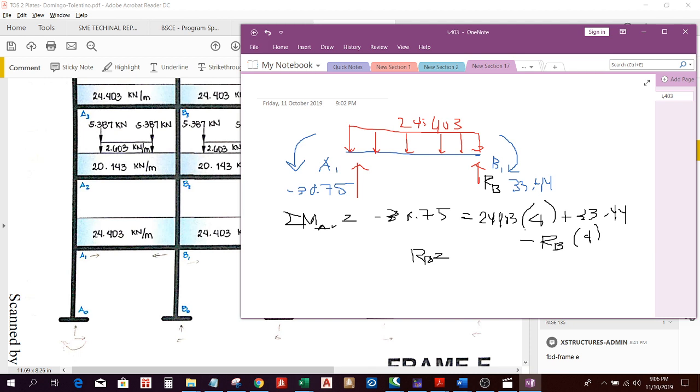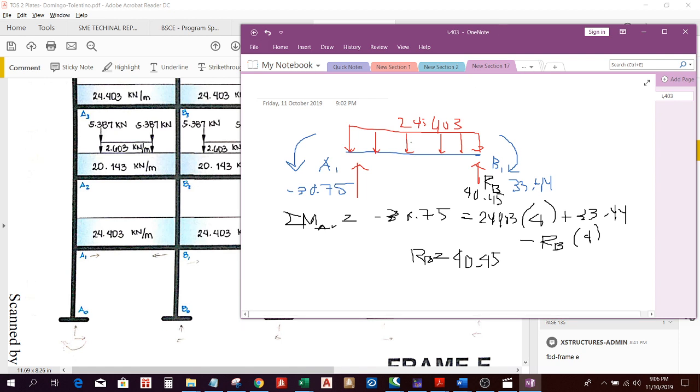I'm getting 40.45. So that means this is going up 40.45.